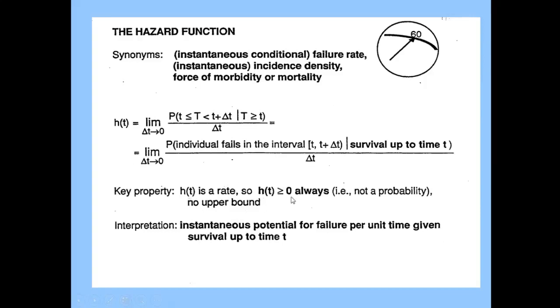So it's got to be at least 0, but there's no upper bound. And as I said, it's the instantaneous potential for failure per unit time given survival up to t. Now, typically, we never can get the actual instantaneous. We usually get average rates, just like I showed you when I did the original data set with the remission times. So you usually get average hazards.